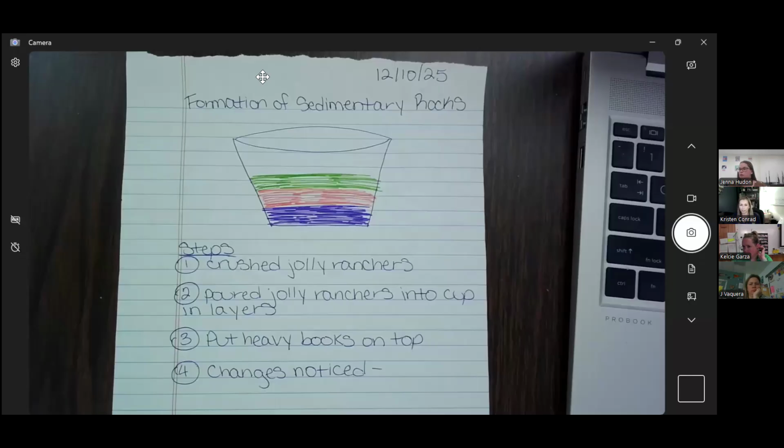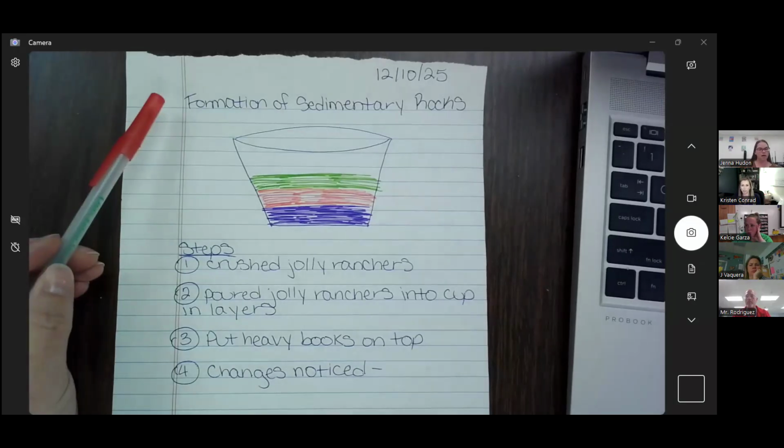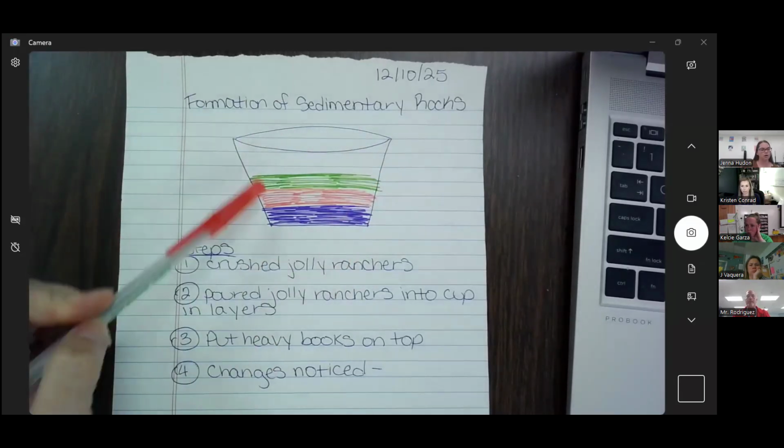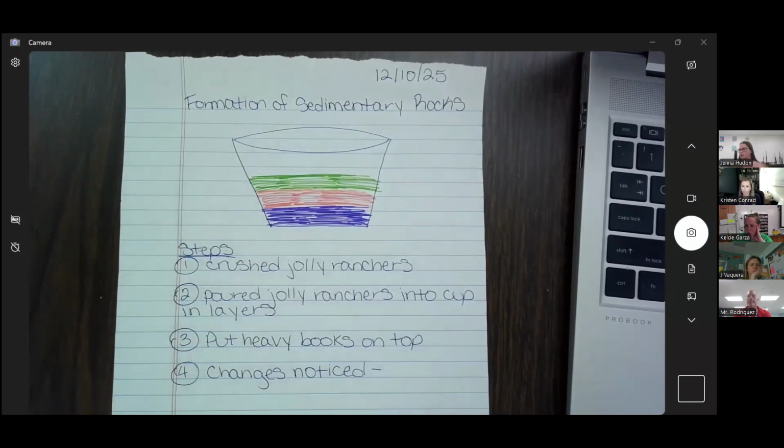Okay, as you open up that document, on my camera, you are going to see a notebook example of what a student's notebook may look like after carrying out this Explore. So after the Explore, we have our title, we have our drawing of what we're seeing, and then we have the steps that our students took, right? And again, how do I know those steps?